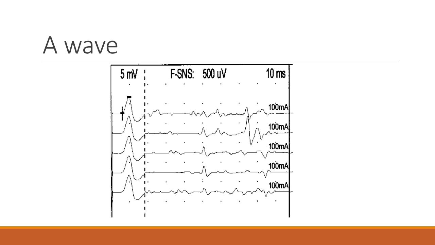So if something is in the same place, has the same amplitude, the same latency, do not call it an F wave. This is usually between your M and your F, but the truth is it can be anywhere along the line, and it's just evidence that sometime in this person's lifetime they have had some denervation and some reinnervation. Doesn't mean there's something abnormal now, but there was something abnormal in the past.